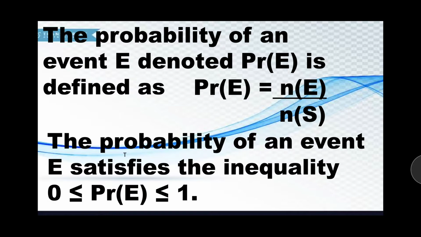So probability can either be 0 or 1 or fractions between 0 and 1. Good. So when you solve any question on probability and you are getting above 1, then you know you are wrong. Or you are getting a negative value, you know you are very wrong.